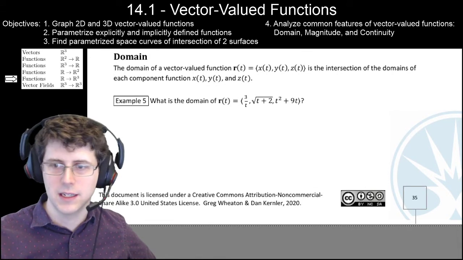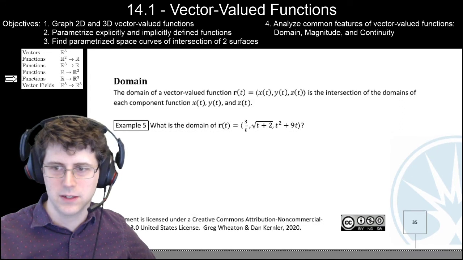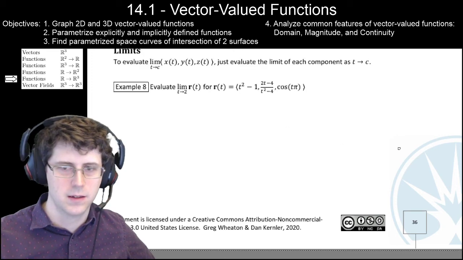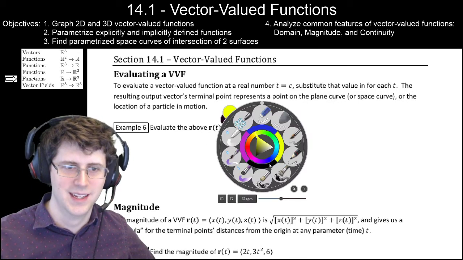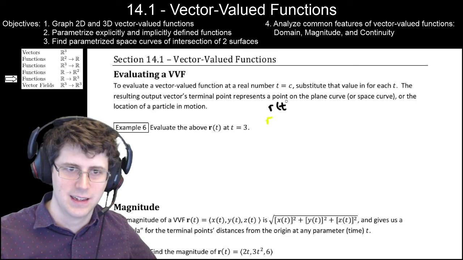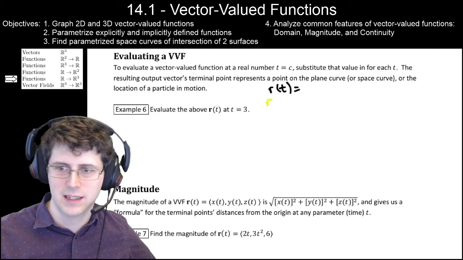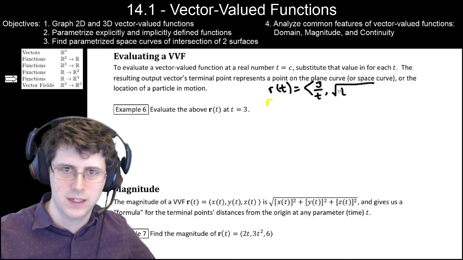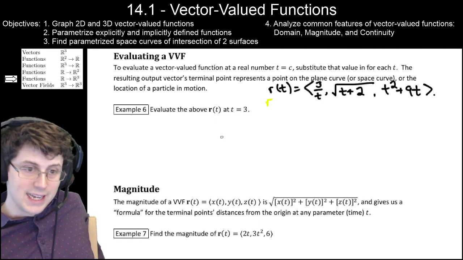So this was 3 over t, root t plus 2, and t squared plus 9t. Evaluate r of t at t equals 3.